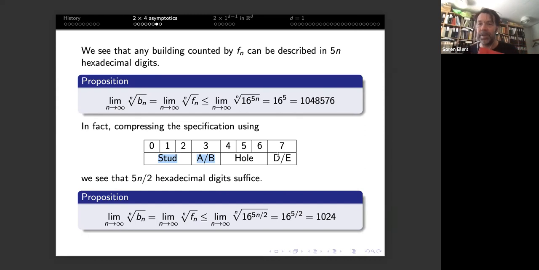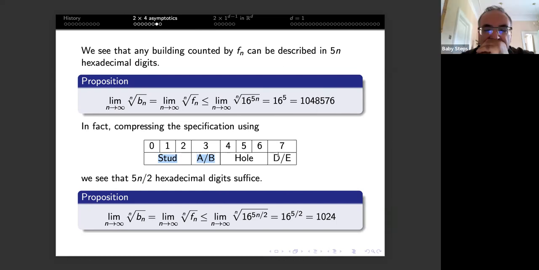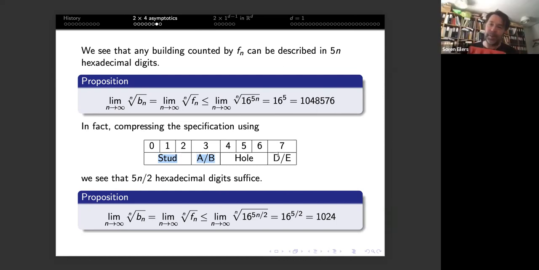And then to specify if it goes above or below, I only need 1 bit for that. And then I have to be careful with this F because it shouldn't be confused with other things. But the point is that I can compress this and get down to 1024. So the only difference is that here I have 5n and here I have 5n over 2.